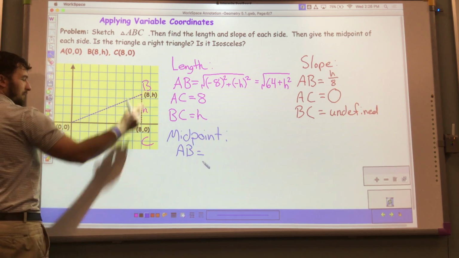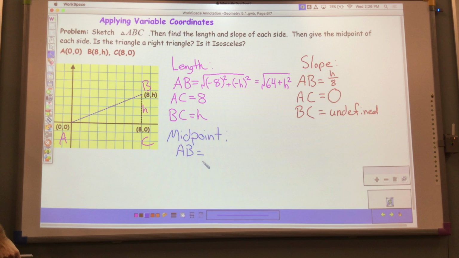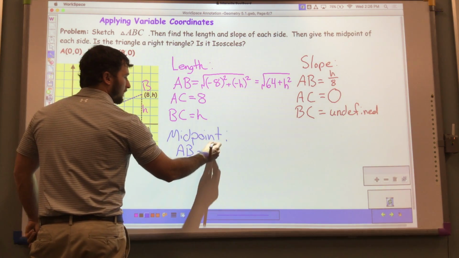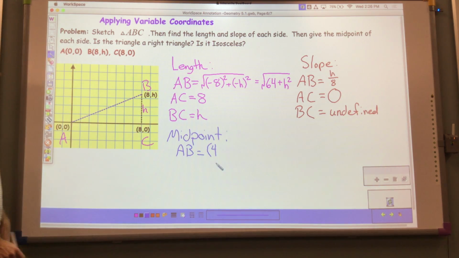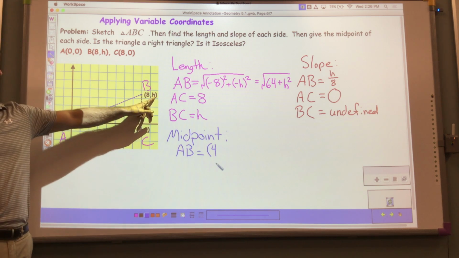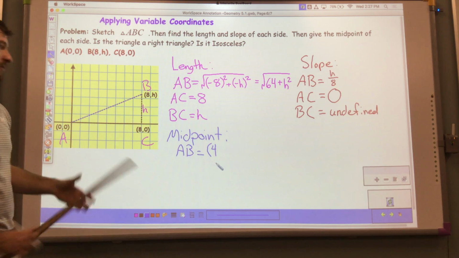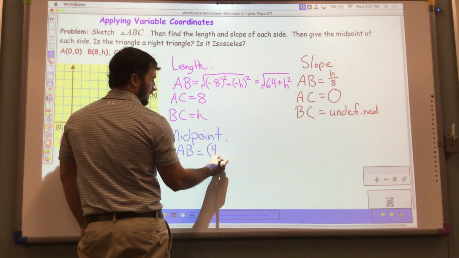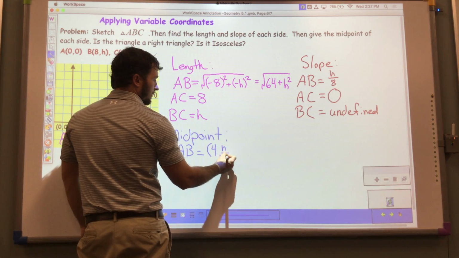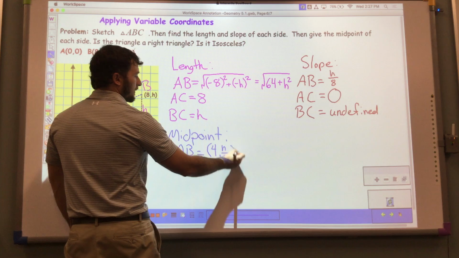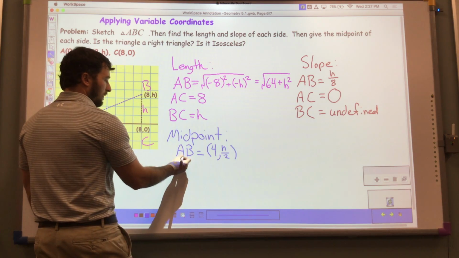Add your x's up, so 0 plus 8, which is 8, divided by 2 is 4. Then you add your y's. 0 plus h is h, divided by 2. So we just write that as h over 2. So that's our midpoint there.